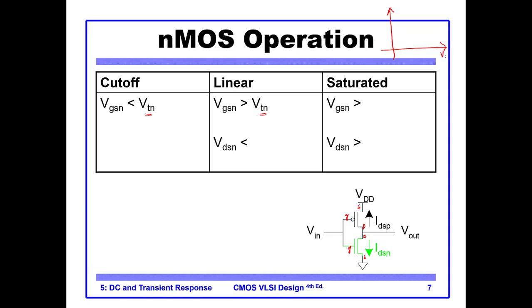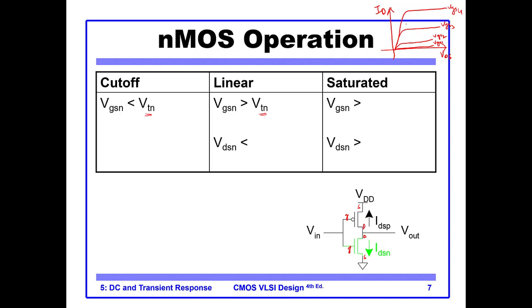On this axis we had VDS, on this one we have ID, and then we had a family of curves for VGS1, VGS2, VGS3, VGS4.